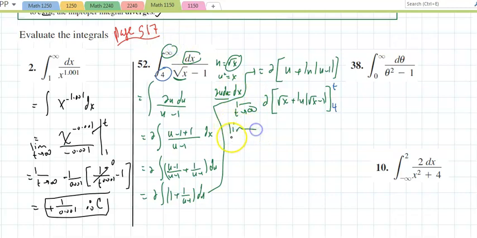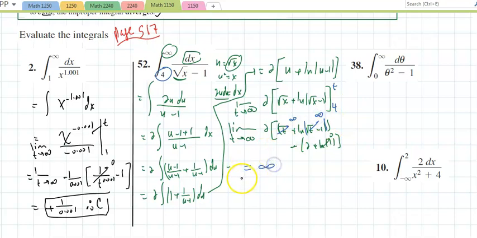So this is the limit as t approaches infinity of twice the square root of t plus natural log of square root of t minus 1, minus, put a 4 in, that is a 2 plus natural log of 2 minus 1 is 1. That's a 0. If I take the limit as t approaches infinity, square root of t approaches infinity, and natural log will approach infinity, plus infinity, that will be infinity.